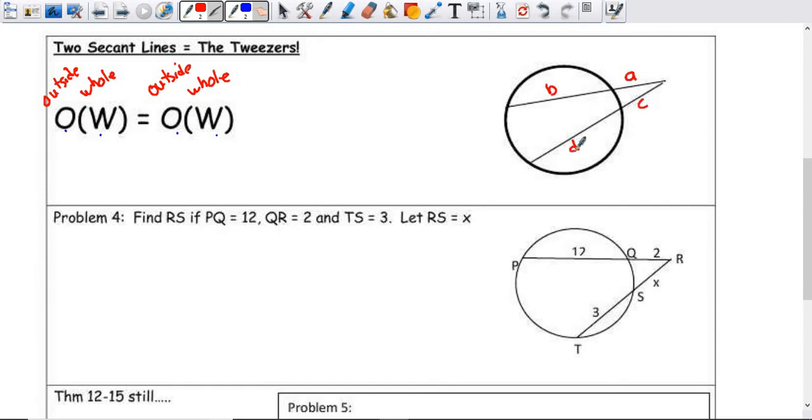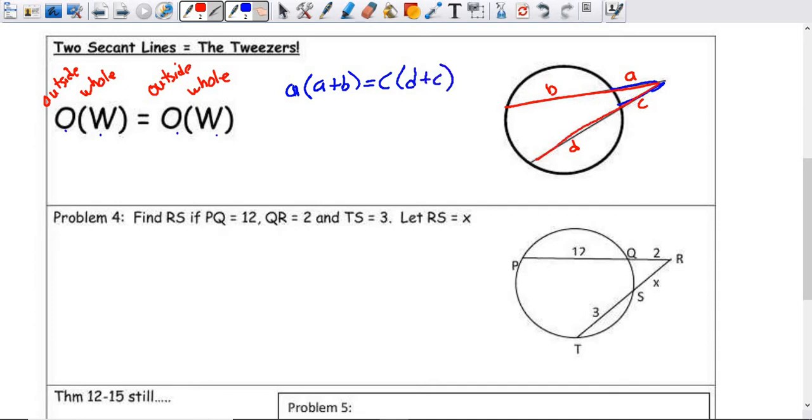We would take A, which is the outside piece right here, multiply it by the whole thing, which is A plus B, and then we're going to set that equal to the outside piece here, which is C times the whole thing, which is D plus C.